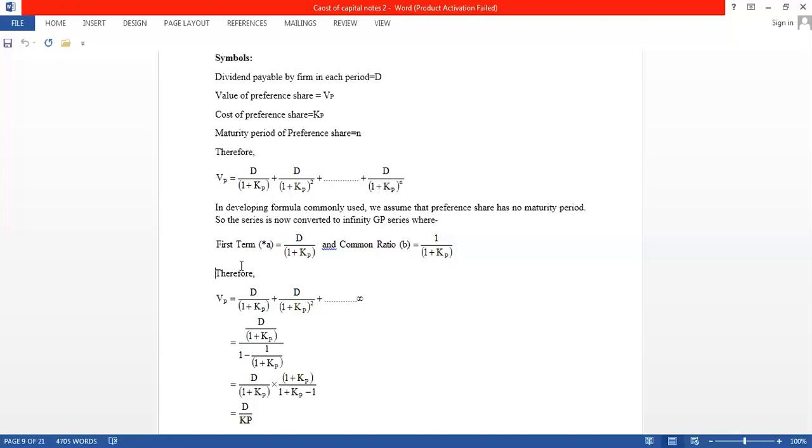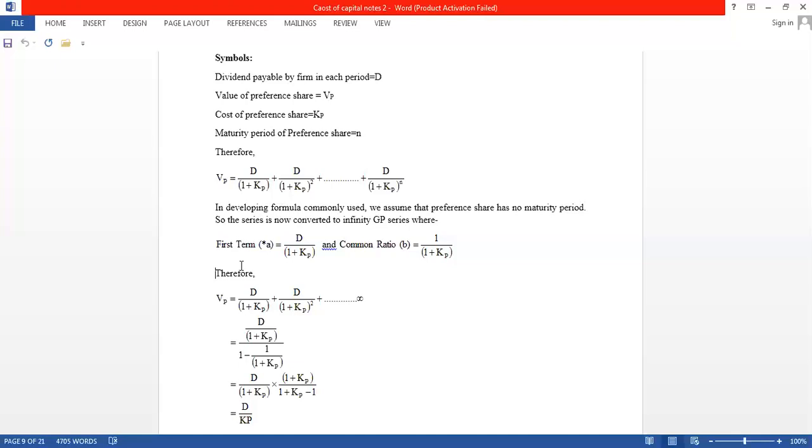Value of the preference share capital means the value or price at which the preference share capital is traded in the market. If this price is not available, then we will consider the nominal value of the preference share capital in place of the value.